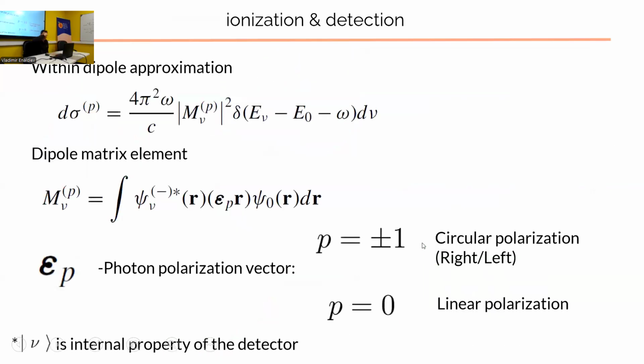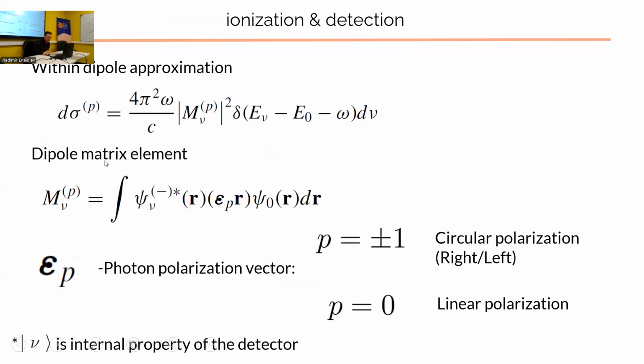And of course, in quantum mechanics we know that there is the golden rule, and within the dipole approximation we have the following formula for the differential cross section. It represents the number of electrons in a state nu per unit time and per unit flux of photons.